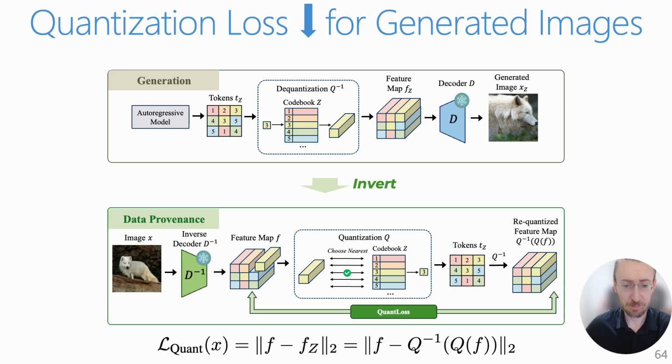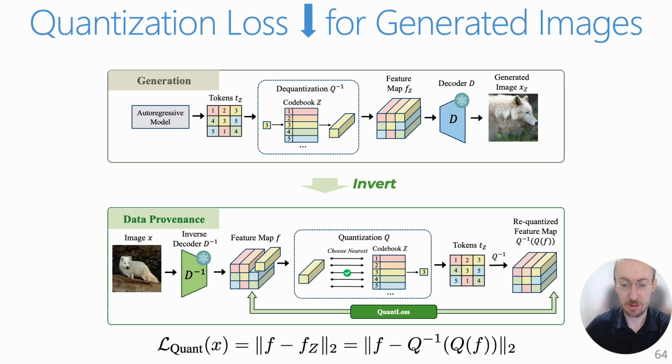The main way to identify these generated images is using, in this case, quantization loss. Intuitively, this quantization loss should be lower for generated images. How do we compute this loss? We have our input image, we pass it through the inverse decoder to the feature map, then we quantize the feature map into the tokens, and then we requantize the tokens into the feature map.